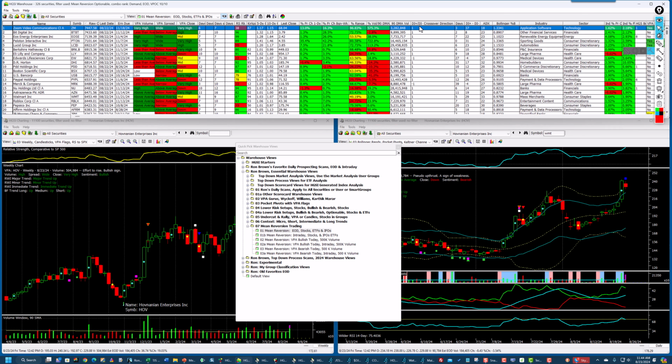There is the DI1, DI plus, DI minus crossover direction. If it's positive, it's a 1. If it's negative, it's a -1. And that is represented down here. Let me get an arrow.